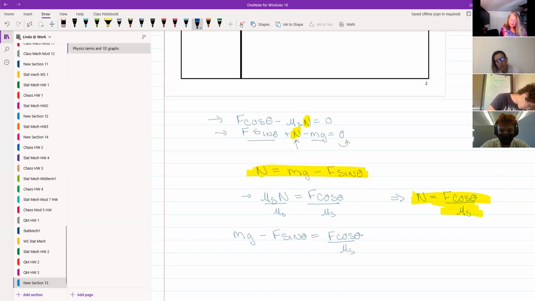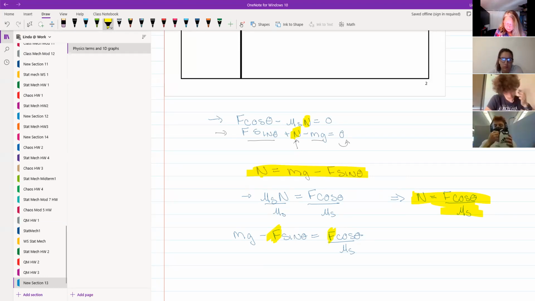Before I do anything, I ask myself, what do they want me to solve for? They want an expression for force. Here we go. I want to get force on one side of the equation and everything else on the other.